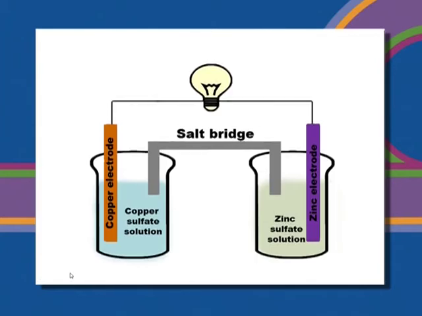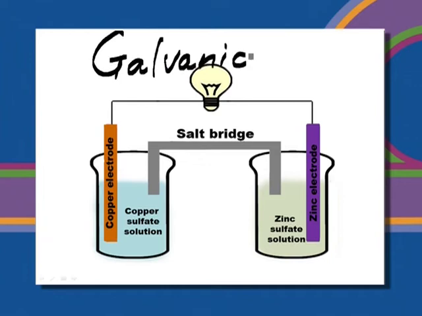Okay, now here is the diagram representing an electrochemical cell, a galvanic cell. This one is representing a galvanic cell, the one that converts chemical energy into electrical energy. Okay, now here, it's a zinc copper one. This side you've got zinc.